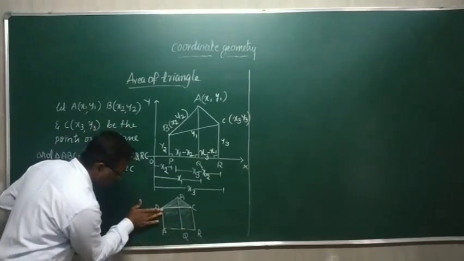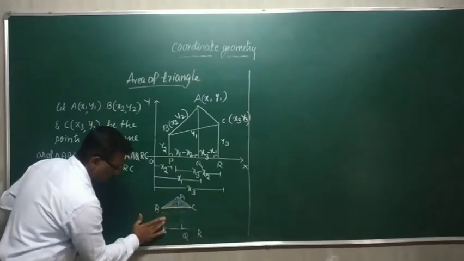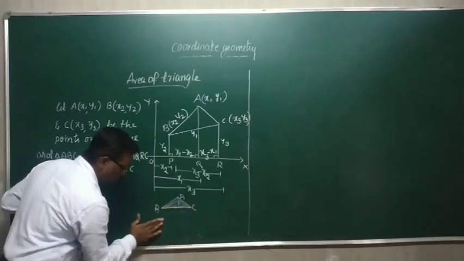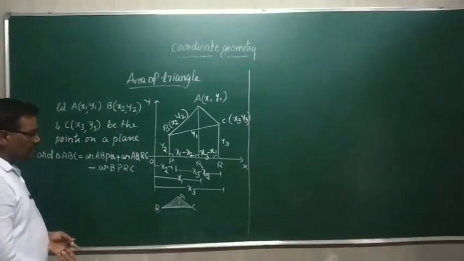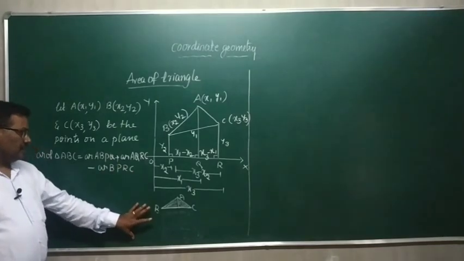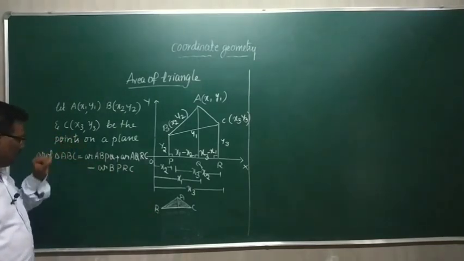Subtract means I can remove this. When we remove that BPRC area, we get the area of triangle ABC. This main idea we have to apply for finding the area of the triangle ABC.